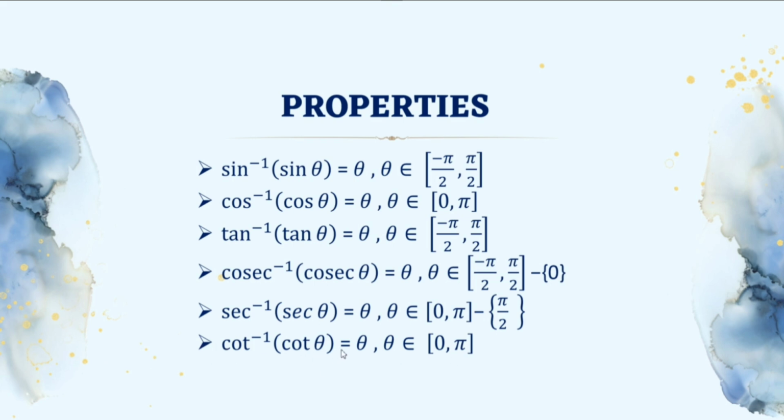And next is cot inverse of cot theta is equal to theta, where theta belongs to the range 0 to pi. So we have seen in all these cases, the inverse of the same function of theta will be equal to theta in all the conditions, just the range changes.